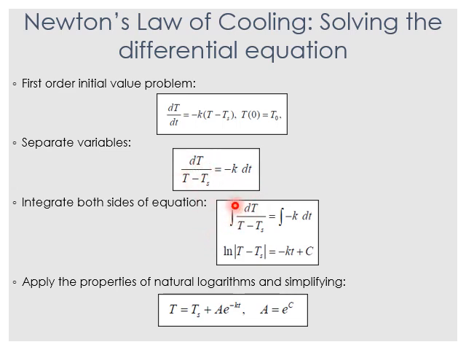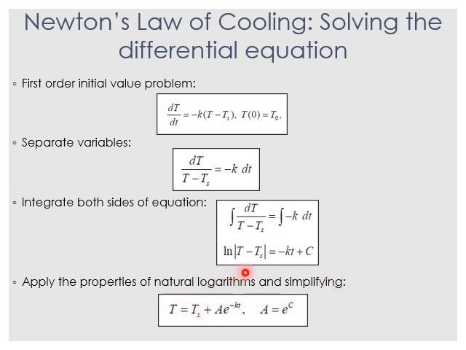So we put the integration, and then we can integrate. The left hand side we will integrate with respect to the capital T, the temperature, and the right hand side we will integrate with respect to the small t, which is time. So we get ln of T minus Ts, and the right hand side equals negative kt, and then we apply the properties of natural logarithms and simplify.